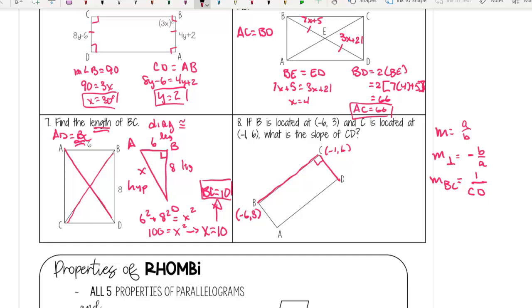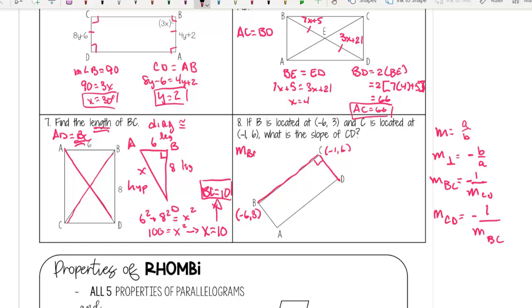In other words, we're going to find the reciprocal of whatever the slope is for BC. Okay, so I can write it this way. The slope of CD equals the negative reciprocal of the slope of BC. So we need to find the slope of BC.